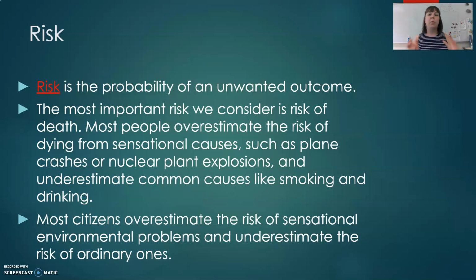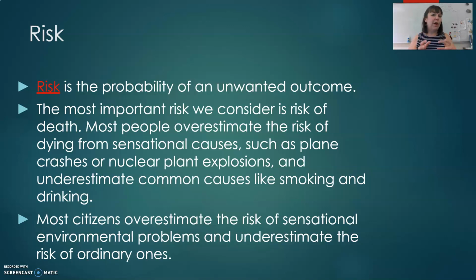It's kind of funny to watch people overestimate the risk of something sensational, like being struck by lightning, a plane crash, or a nuclear explosion, and underestimate the risk of things that are daily, that do happen a lot more often, like smoking and drinking and car crashes, texting and driving. People tend to underestimate that and overestimate the possibility that you're going to get struck by lightning.